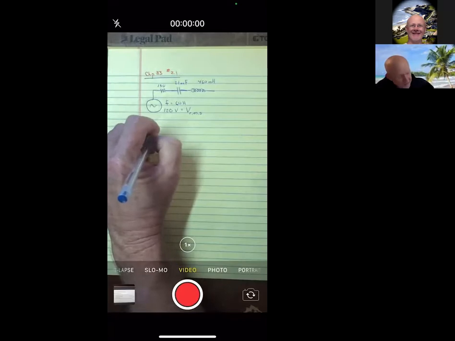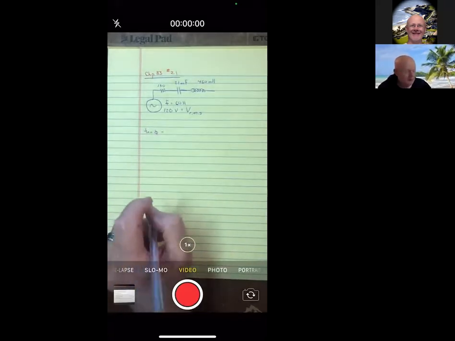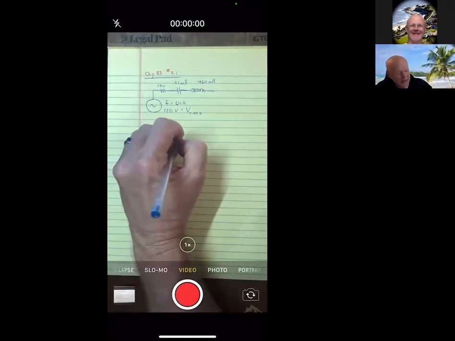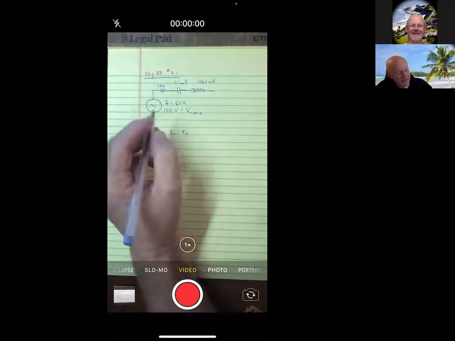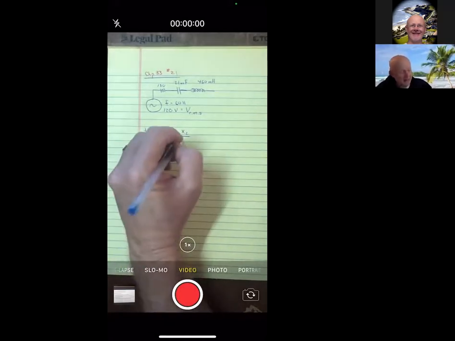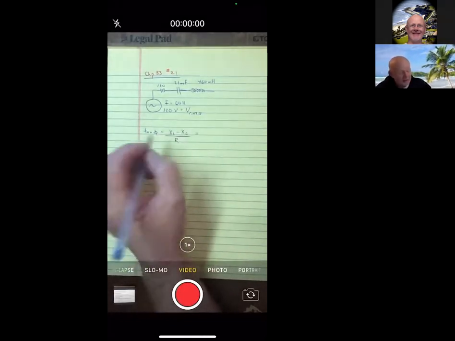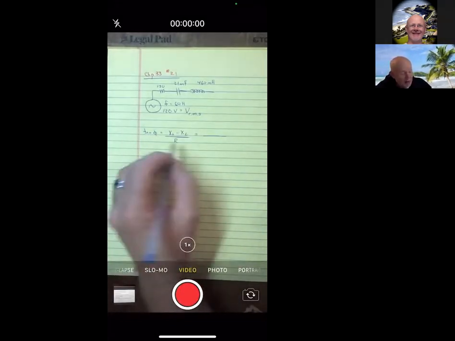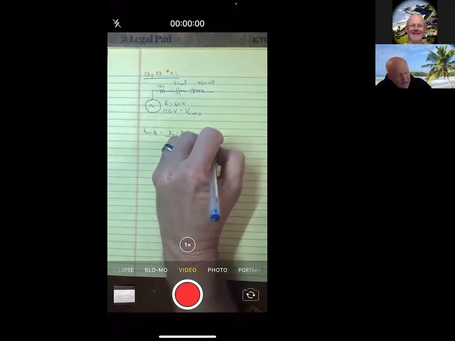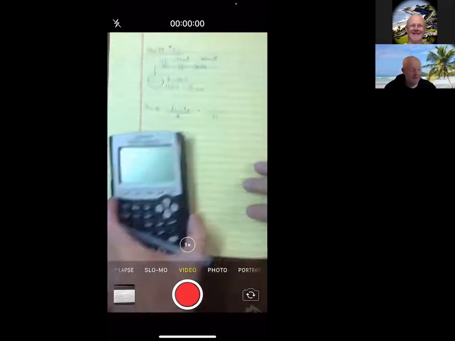So the tangent of the phase angle is the reactance of the inductor minus the reactance of the capacitor over the resistance. So why don't I fill those in? Let's see, the resistance is the easy one. That's 150.